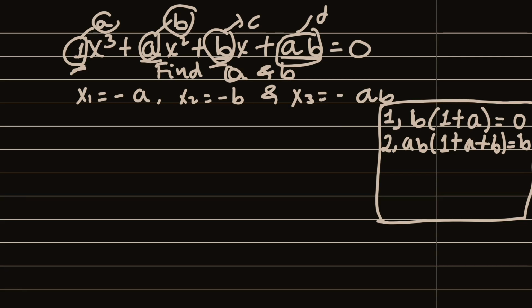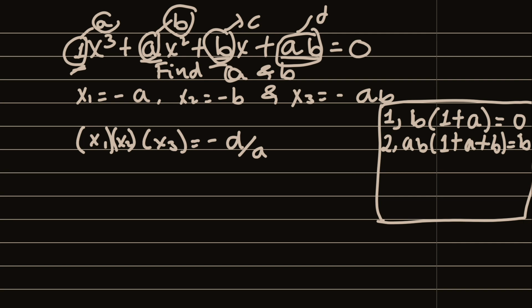Okay, the third formula of Vieta is the multiplication of the roots is equals to minus d over a. That means x1 times x2 times x3 equals to minus d over a.